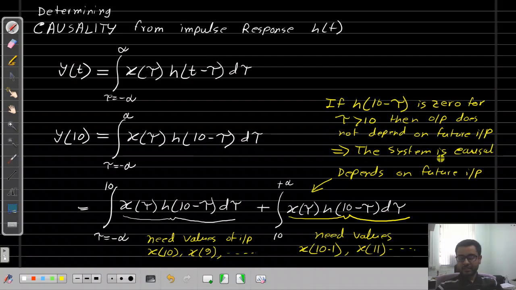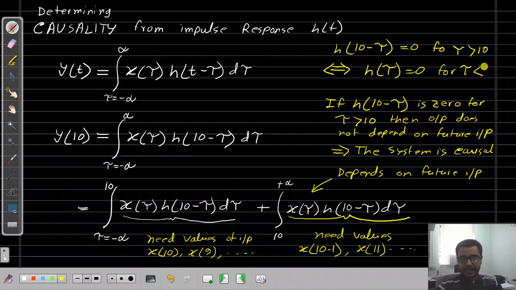Okay, so the condition I will write here, as you saw that h of 10 minus tau should be 0 for tau greater than 10, which is the same as writing that h of tau equal to 0 for tau less than 0.